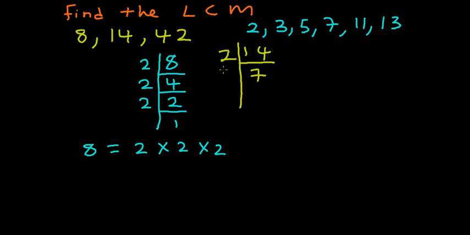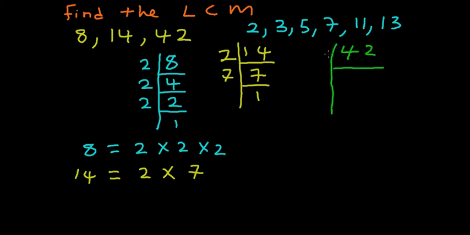So 7 is the only number that can divide 7 without a remainder. So 7 in 7, 1. So the prime factorization for 14 is 2 times 7.